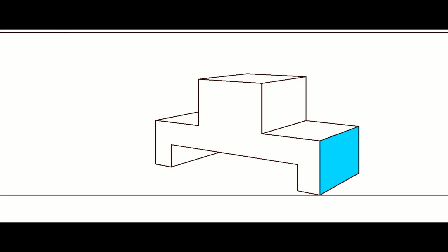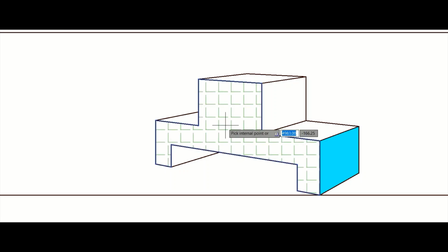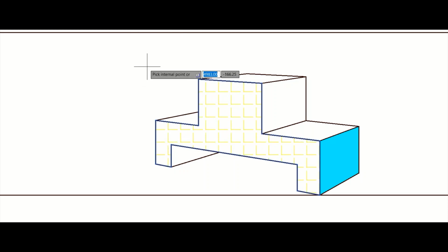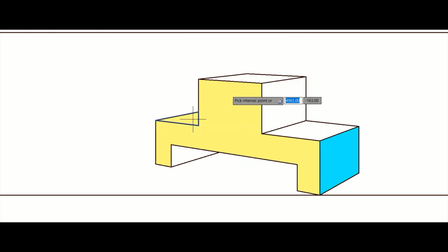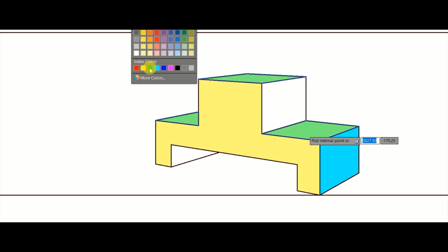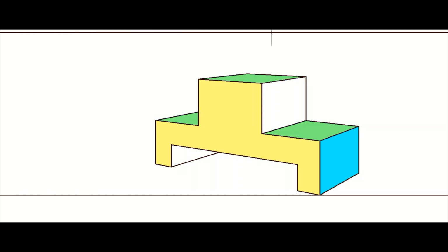So I can just put the colors, like this one is a yellow face, this one is a yellow face, okay, and this and this face are green as we saw it in top view, and lastly this face is blue, so I can use the match property command, match this color with this color. So that is the required perspective of the given object.